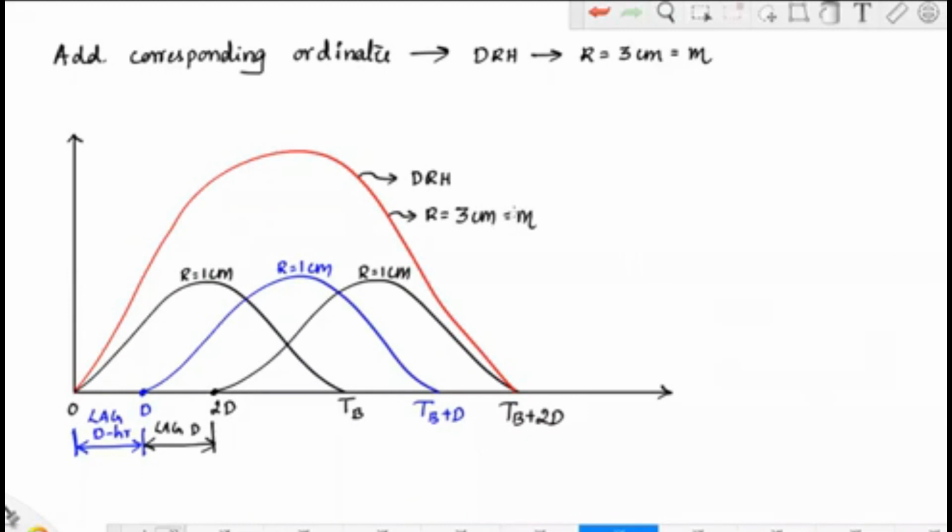Now you know the DRH. Divide it by the R value, that is M into 1 centimeter, and you will finally get the unit hydrograph. That unit hydrograph you can show somewhere like this.